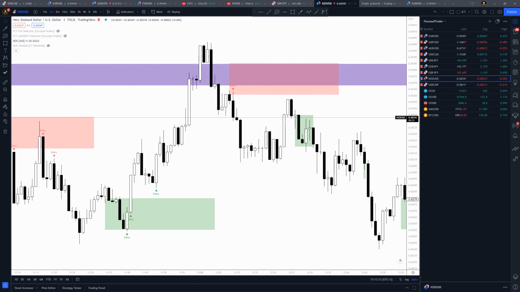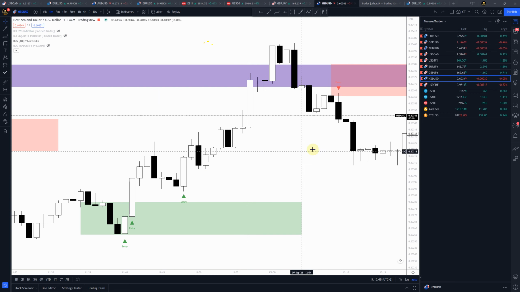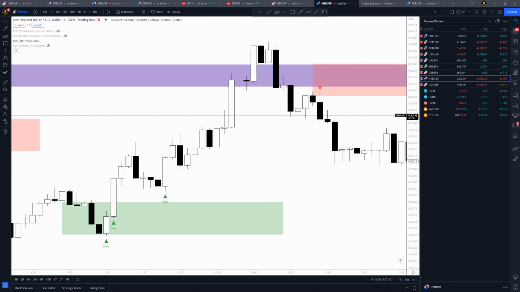So for a pivot high, the high structure point, I'm looking for a candle that has a higher high than 1 bar on the right and 1 bar on the left. Let me zoom in so you can see better, and let me use a better color. Again, I'm looking for this candle, which has a higher high than the candle on the right and left. So this is for me a structure point.